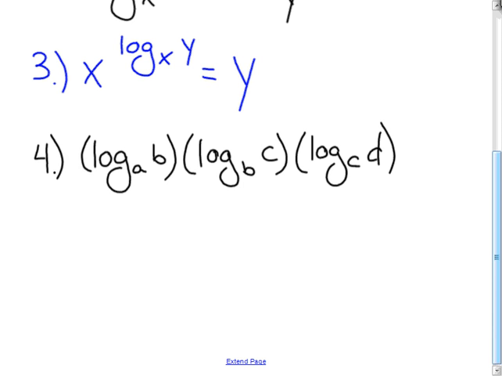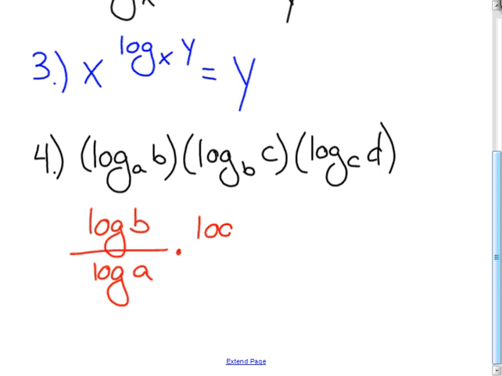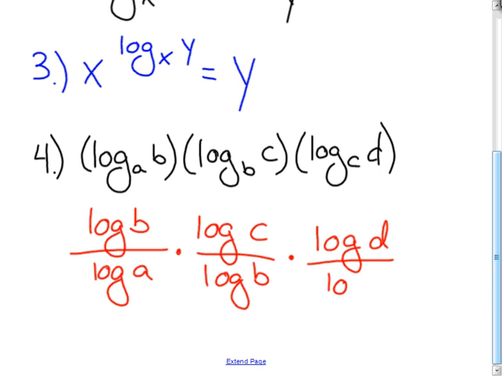So take a moment, look at what we did so far today. See if you can come up with a way to simplify this. So I'm going to go through and I'm going to do change base. Log of your argument over the log of your base times, because it's a multiplication, log of your argument over the log of your base times the log of your argument over the log of your base.